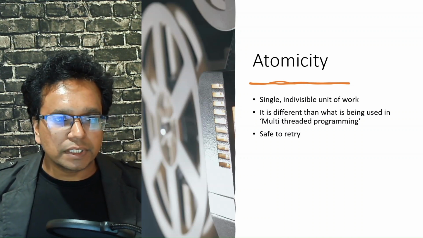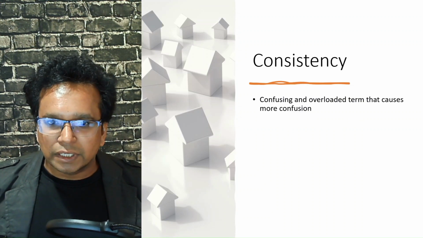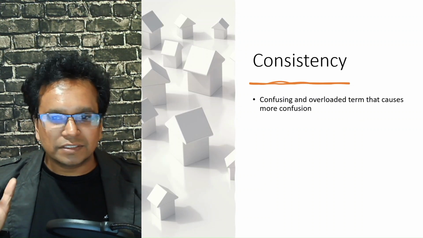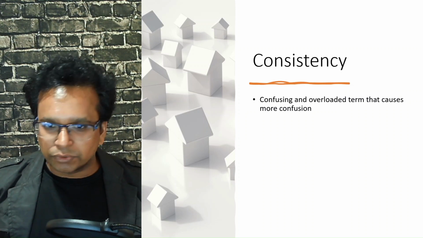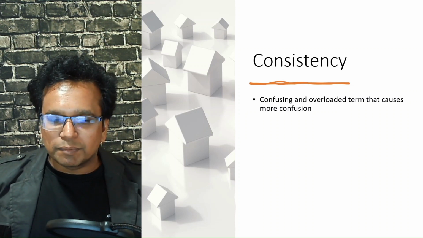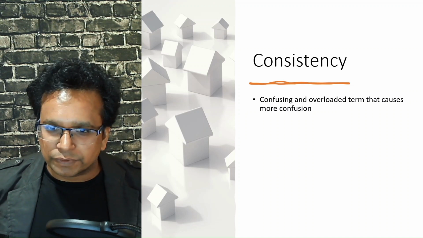Now let's talk about the second property, consistency. Believe it or not, I found that consistency is one of the most confusing and overloaded terms I encountered. The more I read about different distributed system articles, the more confused I got.